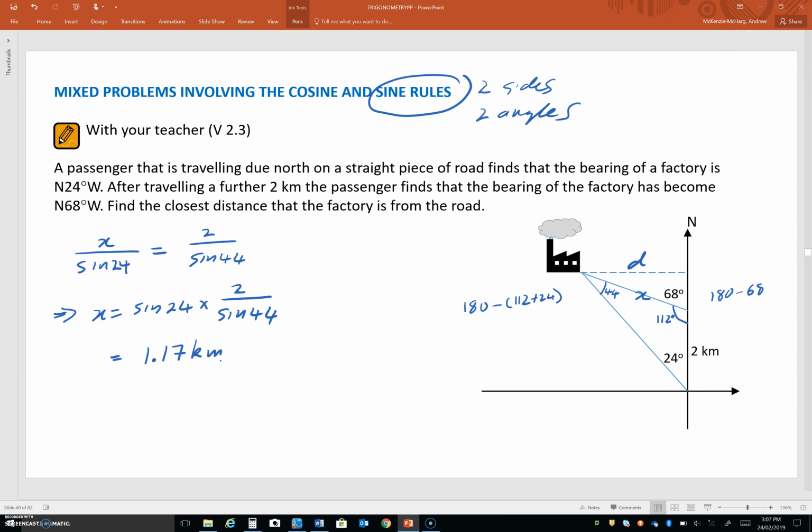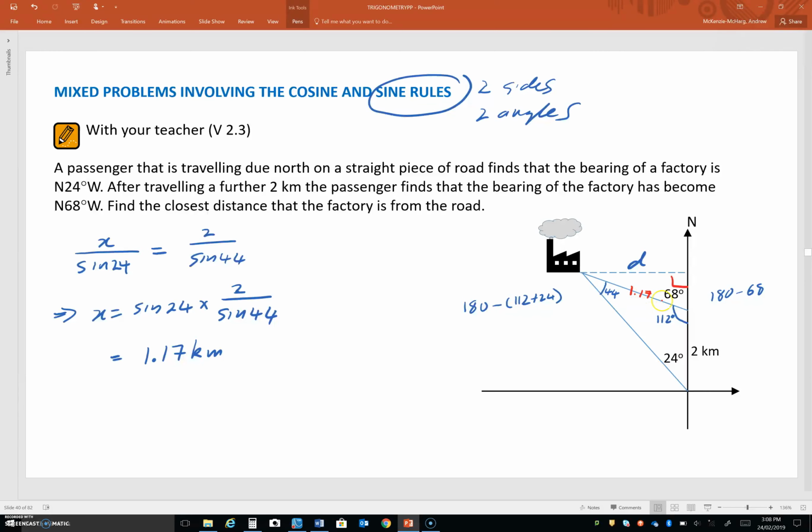Okay, so we'll go from there. Now we're going to find this distance D, and we have a right-angled triangle in this case. So we've now got the hypotenuse of this right-angled triangle. It is 1.17 kilometers.